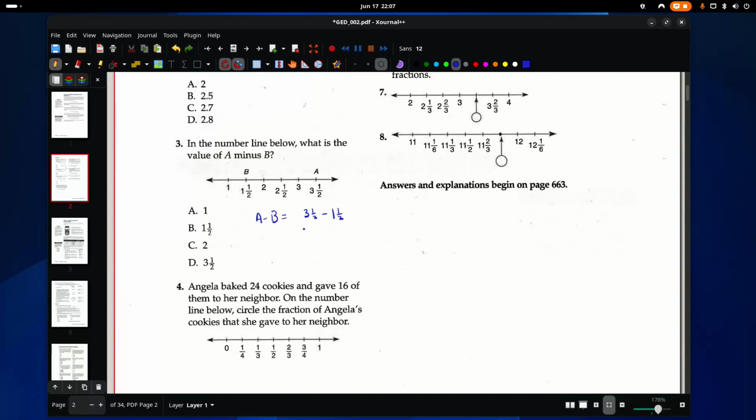So we should rewrite these as improper fractions. 3 1/2 is the same as 7 over 2, and 1 1/2 is the same as 3 over 2. So we have minus 3 over 2. 7 minus 3 gives us 4, so we get 4 over 2, which is equal to 2. So our answer for that one is C.